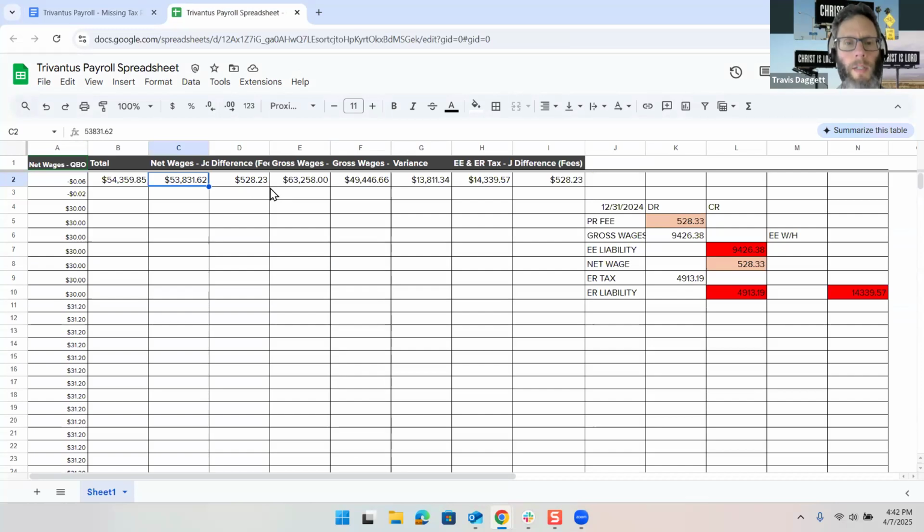And then you can see what your difference in the books, gross wages, compared to your journal, and see if the taxes are indeed being paid out or not. Because sometimes we don't know if the payroll company is paying the taxes or if the business is paying them themselves. And this helps us to identify that.